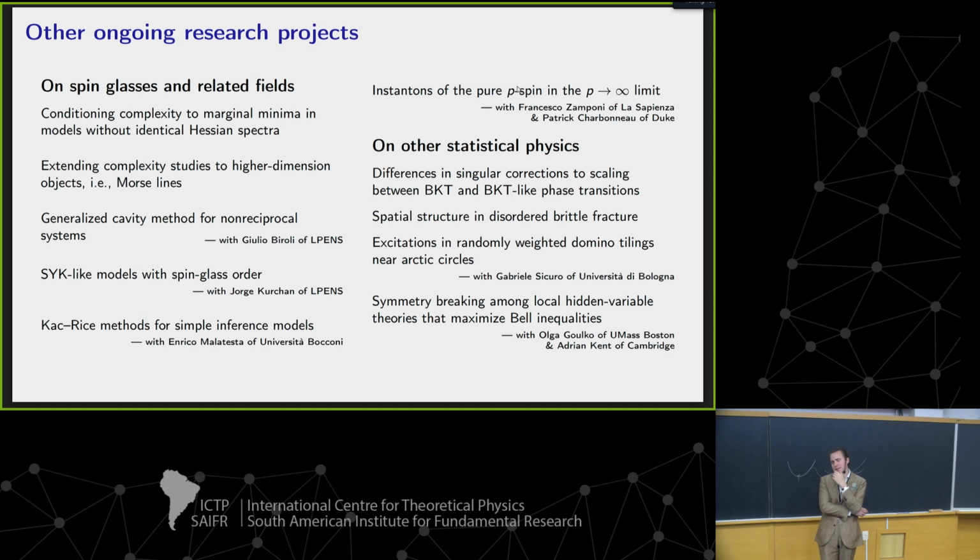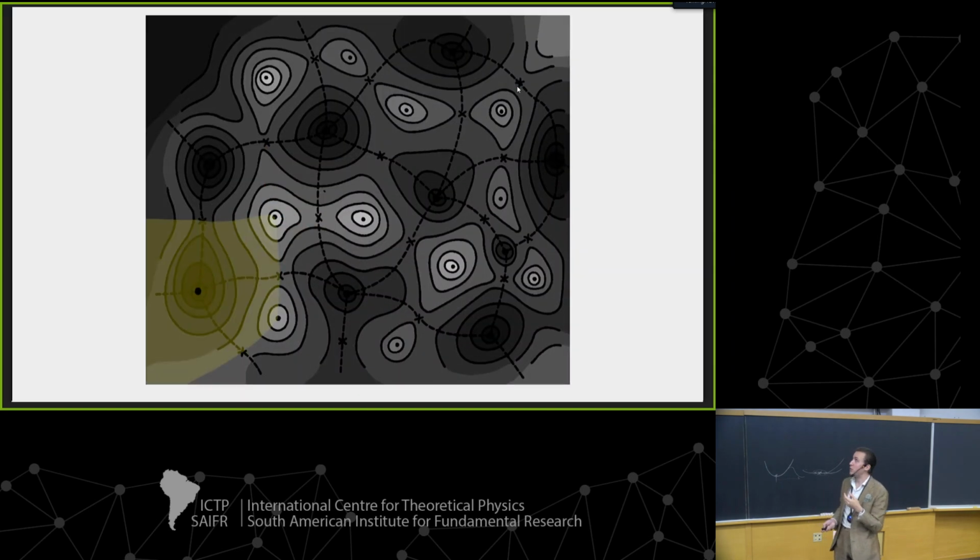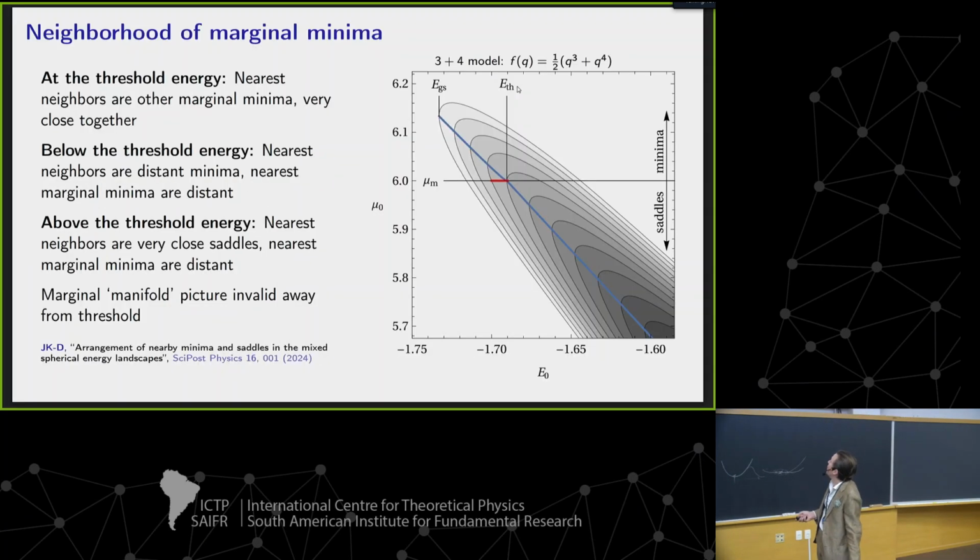I can't really speak to this, but I have started working a little bit with Jorge on a problem, basically trying to construct SYK-like models that involve fermions that explicitly don't thermalize because they have a spin glass-like order, which at this point I don't think exists. We're working basically using these tools because, for instance, if you start with a supersymmetric theory and you fix the fermion number, you're basically fixing the ground states.